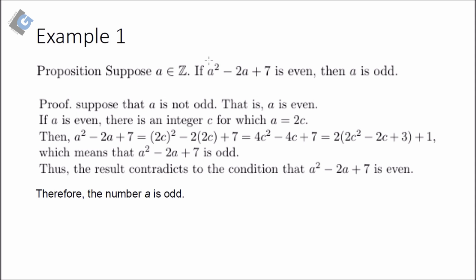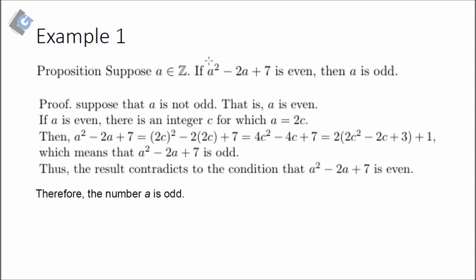So finally we get 4 multiply c to the power of 2 minus 4 multiply c plus 7. So this number can be represented as 2 multiply another number, which is in the bracket, plus 1. Because c is a natural number, the number in the bracket also must be a natural number.